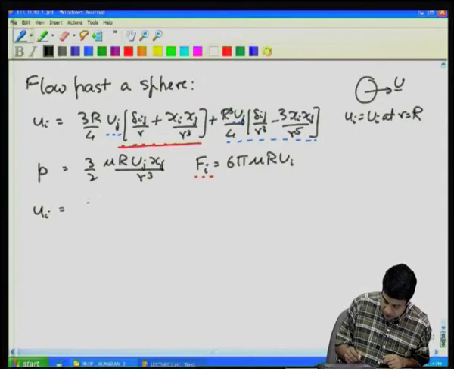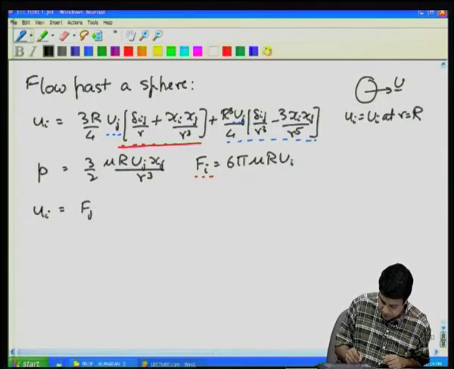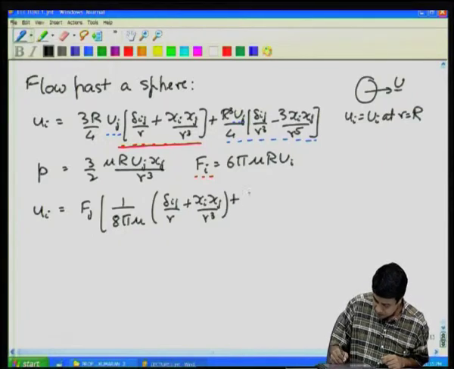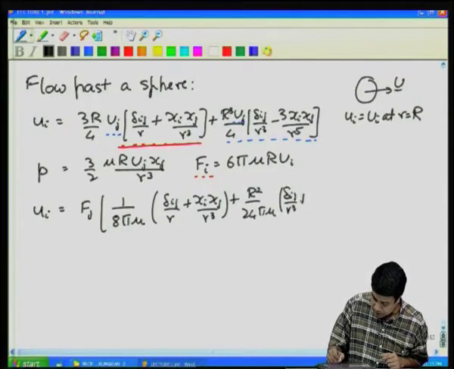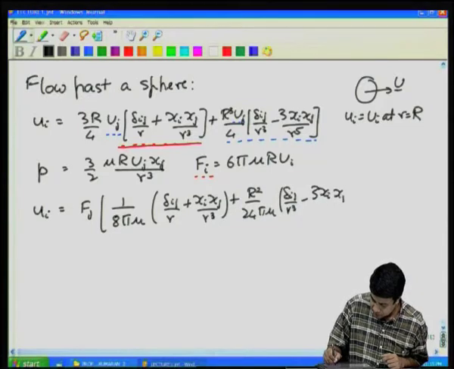And if I do that, I get u_i is equal to, let me write this in terms of the force, f_j, times 1 by 8 pi mu, delta_ij by r plus x_i x_j by r cubed, plus R squared by 24 pi mu into delta_ij by r cubed minus 3 x_i x_j by r power 5.